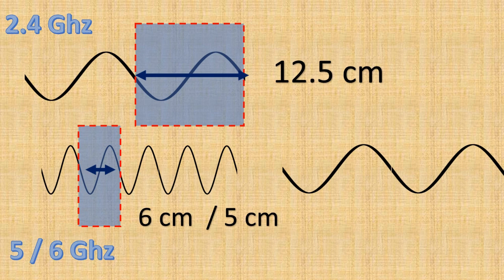This is an RF characteristic of any RF signal. Having said that, there is a certain advantage to a shorter wave. For example, it offers better capacity and more speed, as we will see in this video.